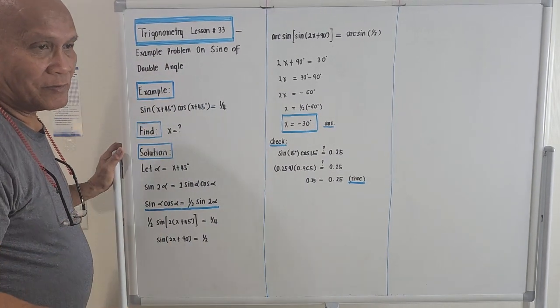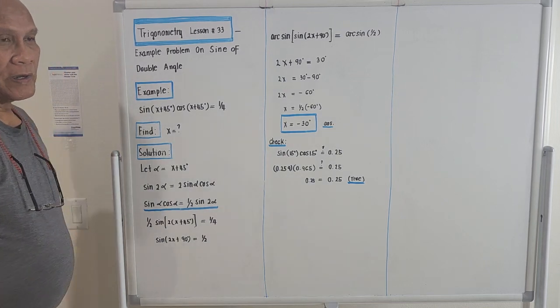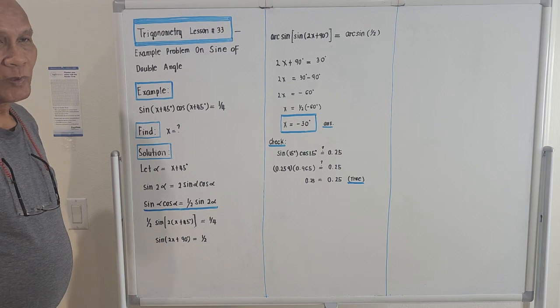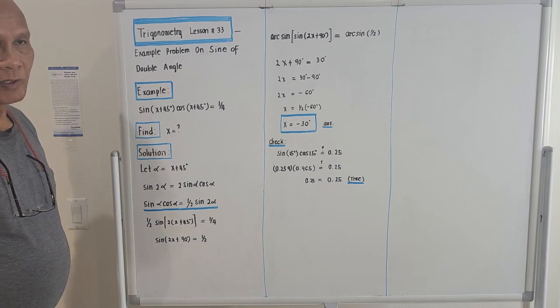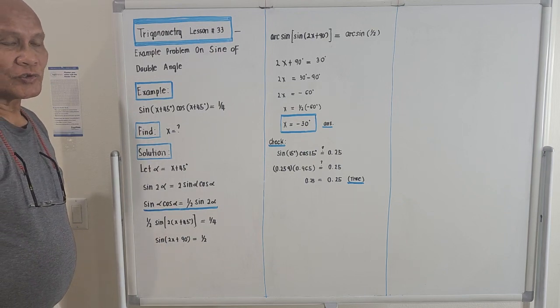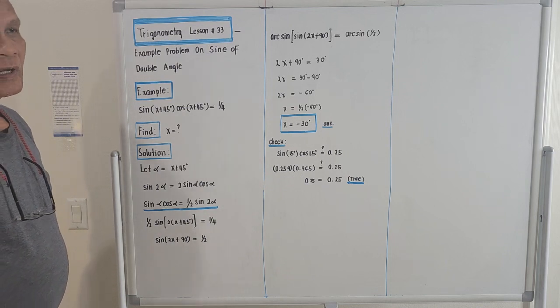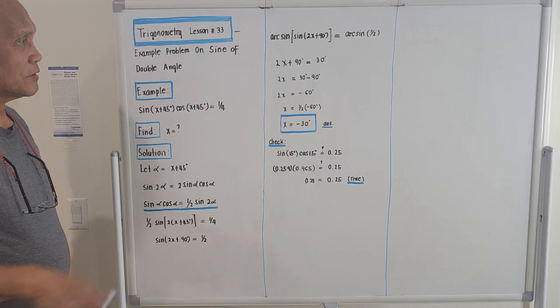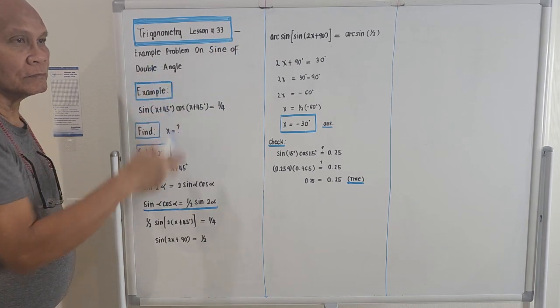The last time around, I derived the identities on the sine of a double angle and the cosine of a double angle. So to illustrate that concept, I will be presenting an example problem on the sine of a double angle.